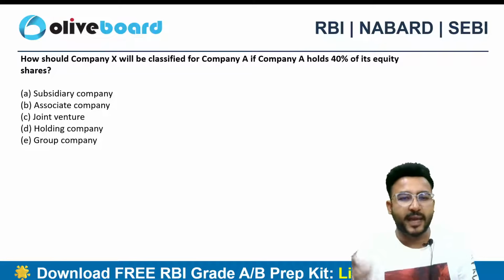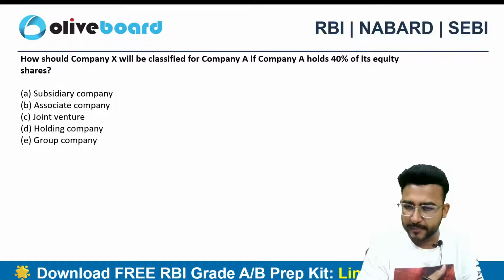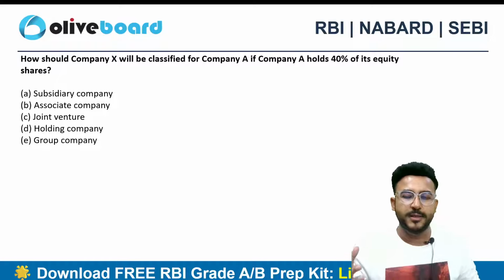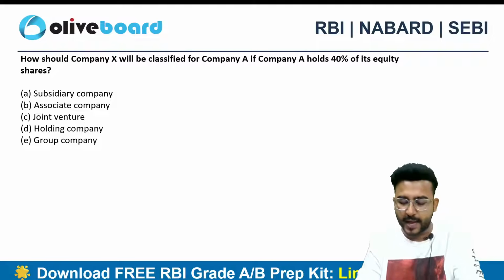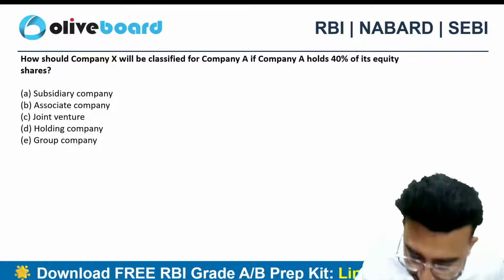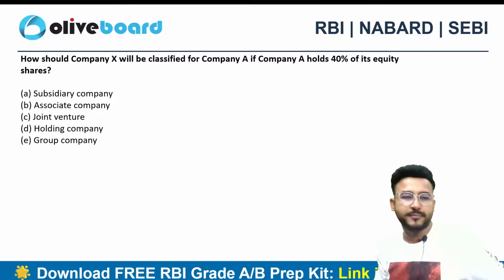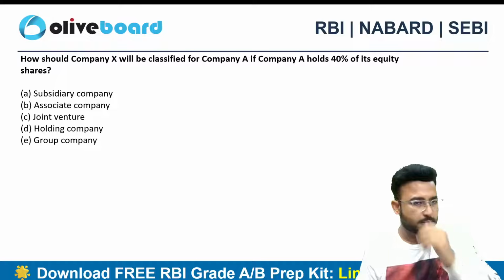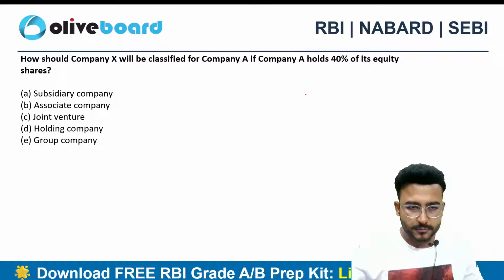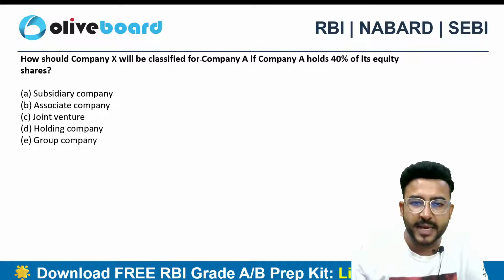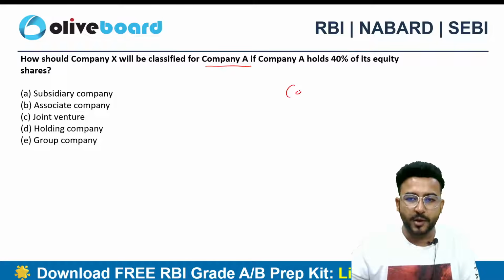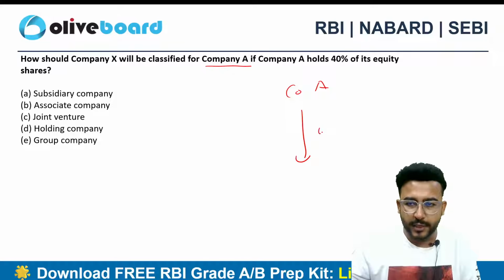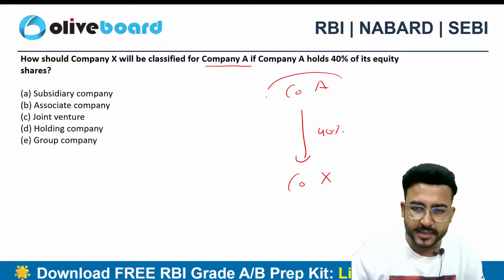How should company X be classified for company A if company A holds 40% of the equity shares? Now this is not from the dynamic part, but from the static part. How should company X be classified? I am talking from the perspective of company A. Company A holds 40% of the equity shares of company X. What is company X for company A?